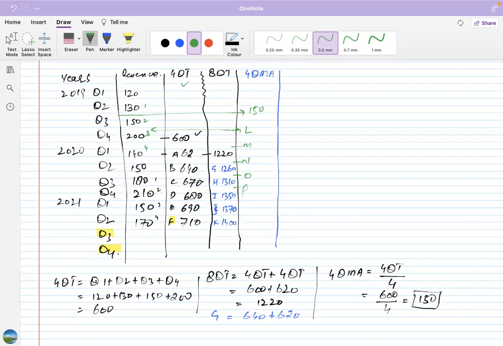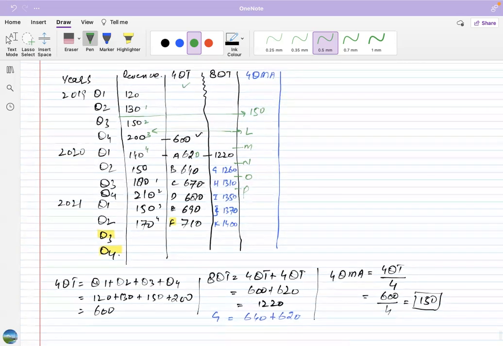We'll add 130 plus 150 plus 200 plus 140. The answer will be 620. That is already available to us, but we will divide that 620. I told you in the paper it won't be given, most probably. 620 divided by 4, and we'll get 155. This is the value for the L.